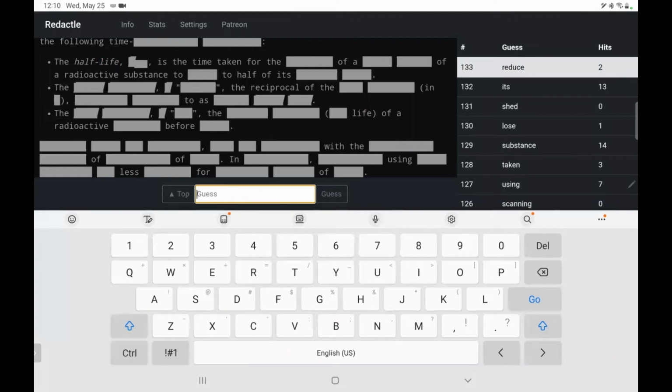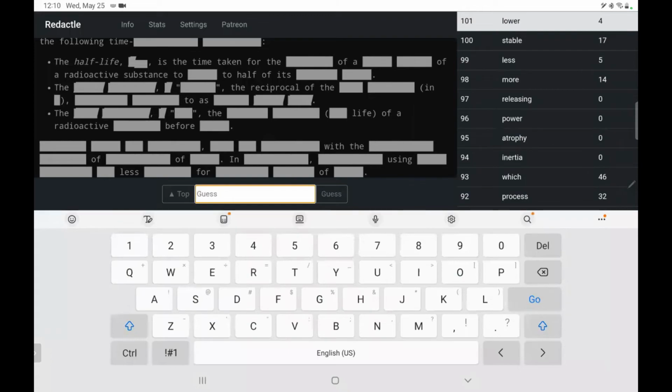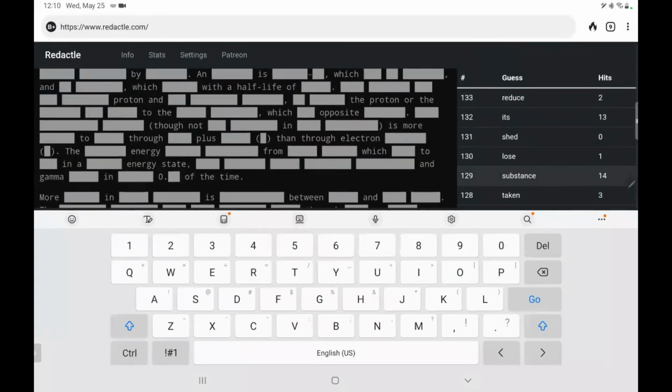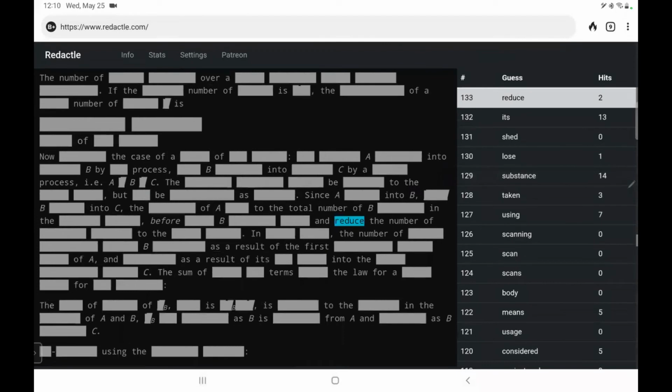But a radioactive substance to sink, to lower. Oh, we did lower already. So let's try some of these reduces and reduce the number of. I'm sure there's a lot of these electron type words I haven't tried yet.